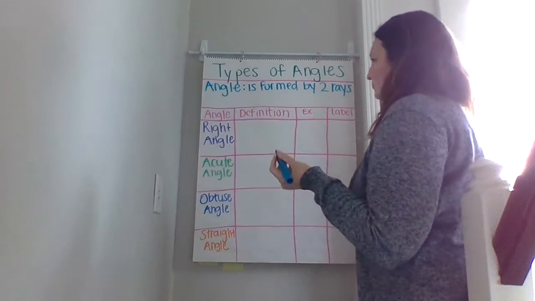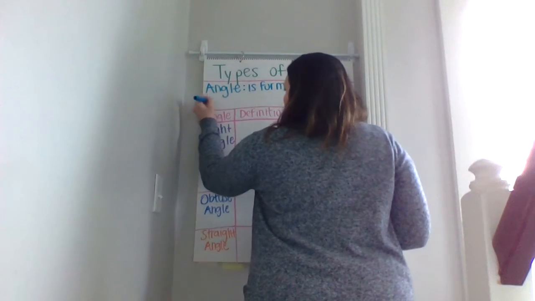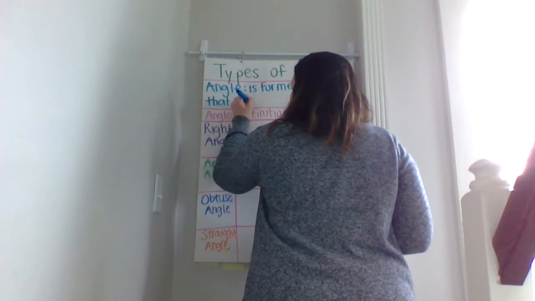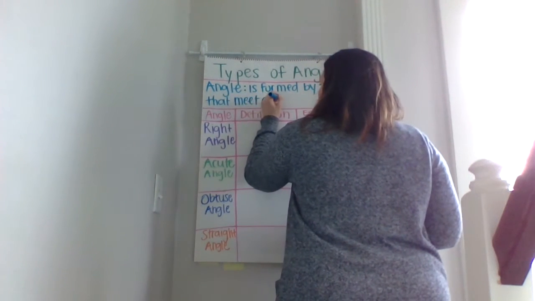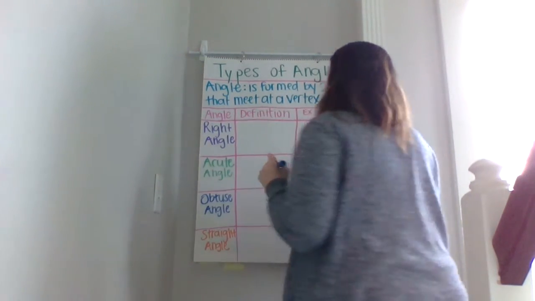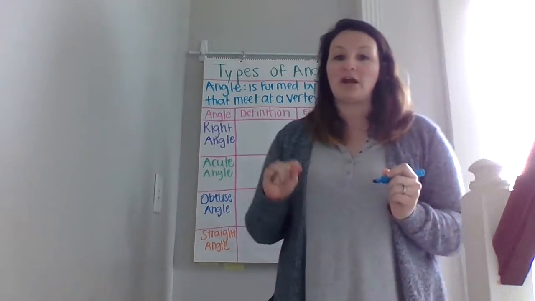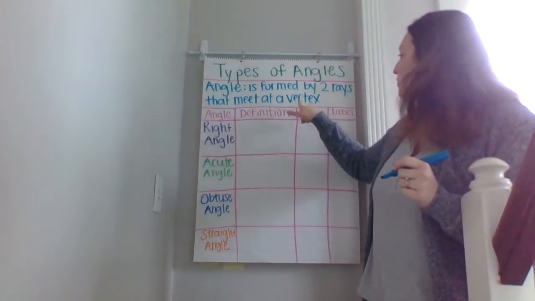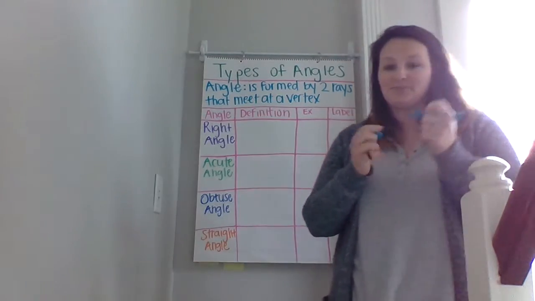So it's formed by 2 rays that meet at a vertex. Okay, so these 2 rays, they actually share their endpoint, and that endpoint that they share is what we call a vertex.